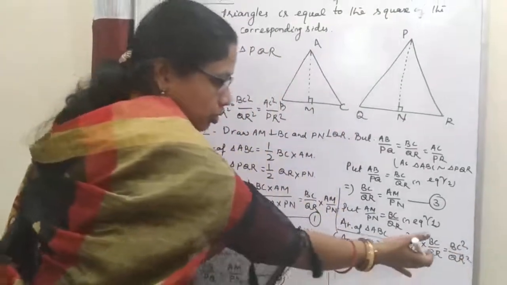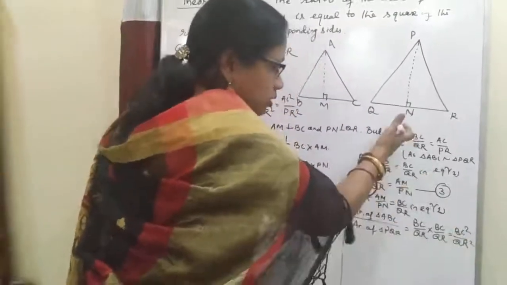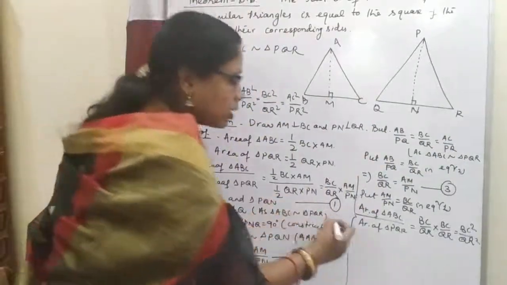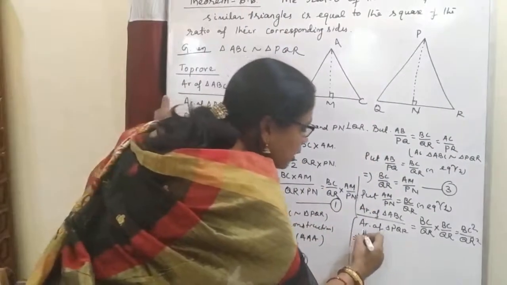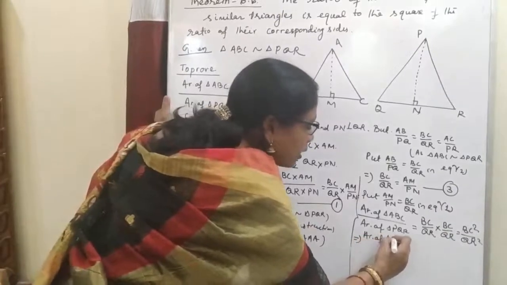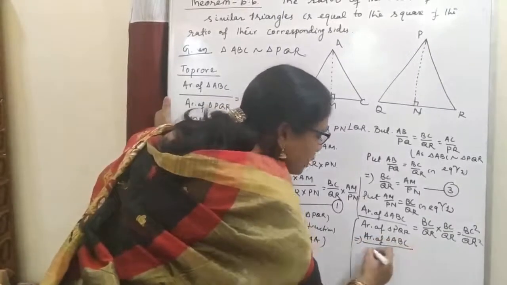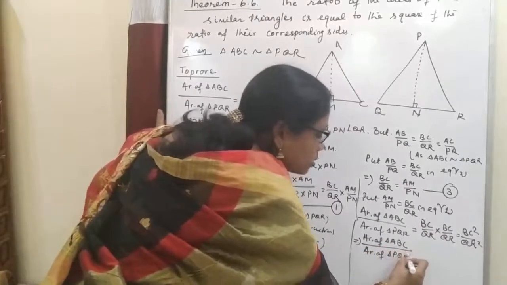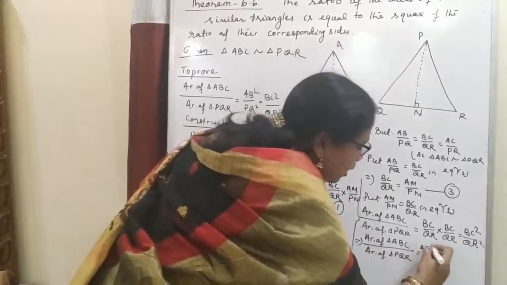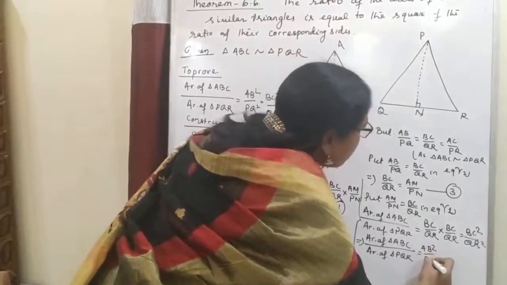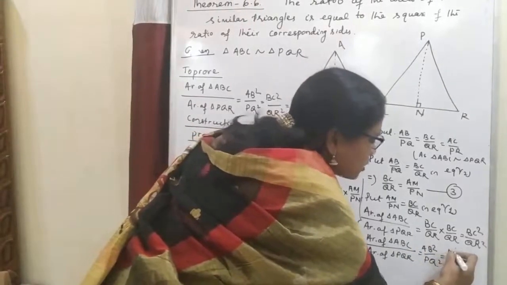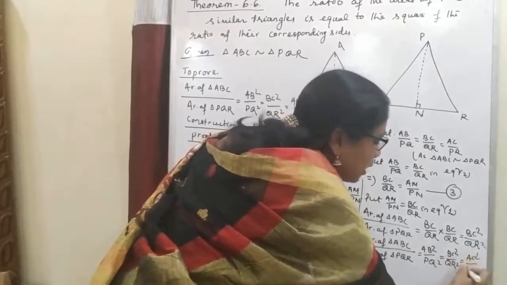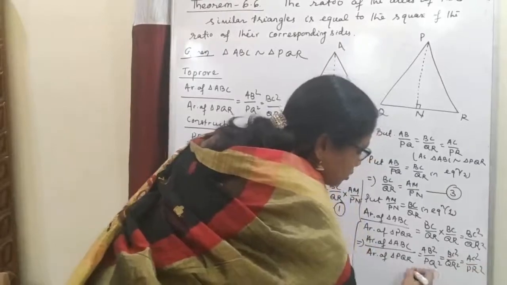As we know, BC square by QR square is equal to AB square by PQ square is equal to AC square by PR square. So this implies area of triangle ABC by area of triangle PQR is equal to AB square by PQ square is equal to BC square by QR square is equal to AC square by PR square. So this is proved.